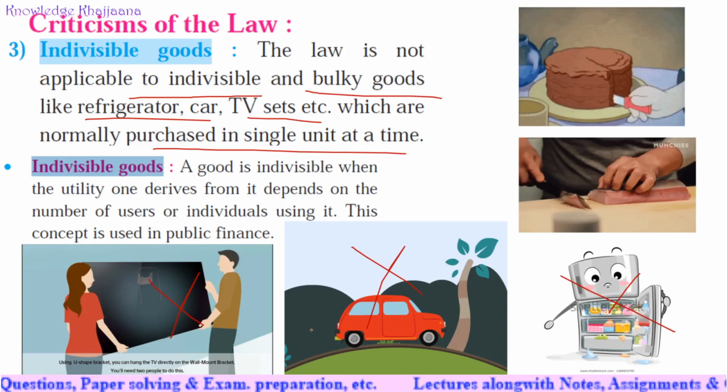These goods cannot be divided because we purchase them once in a lifetime. For example, a car is purchased by a person once, or at least after 10-15 years. Such durable goods are purchased only once, and we do not consume more and more of them again.